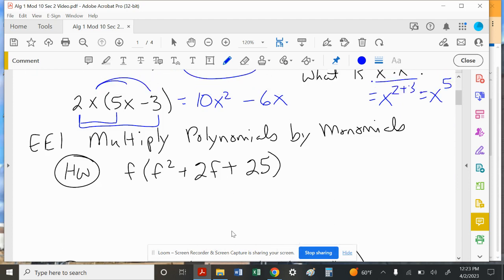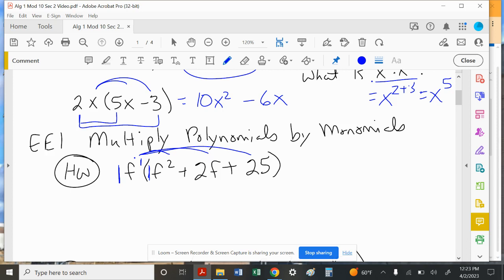So we're going to distribute, bringing that through just like we did above. F times f squared. Remember, there's a hidden 1 up here, there's also a hidden 1 out here, and there's a hidden 1 over here, because we're really multiplying 1 times 1, which is 1.